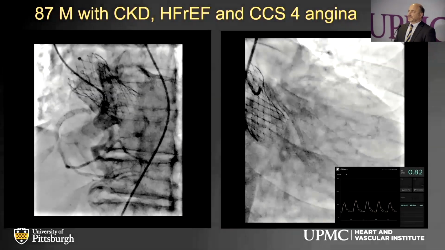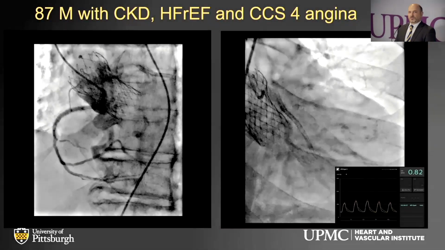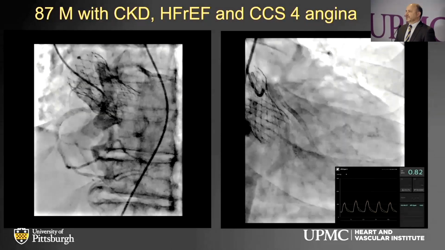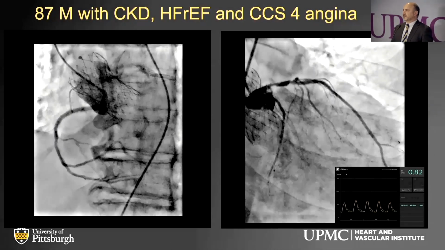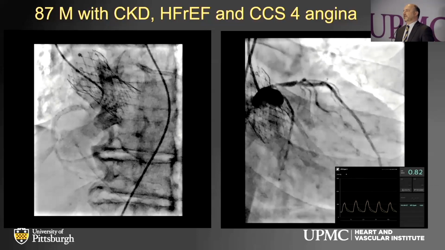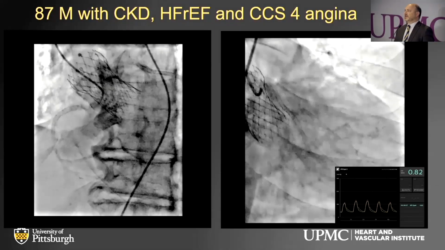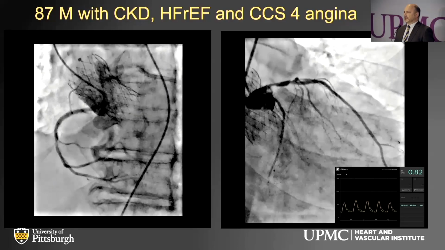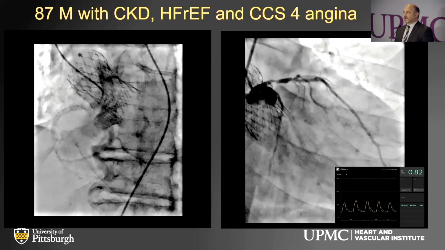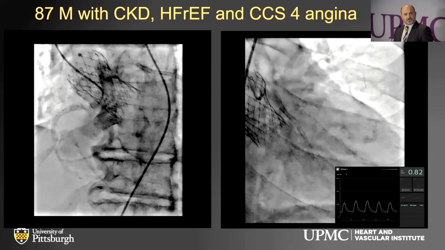So this is a patient that we treated with a TAVR several years prior. As you can see, this is an Evolute prosthesis. The patient comes back with angina, has some ostial RCA disease, significant LAD disease, and a CTO of the circumflex. Couldn't resist throwing that in there.